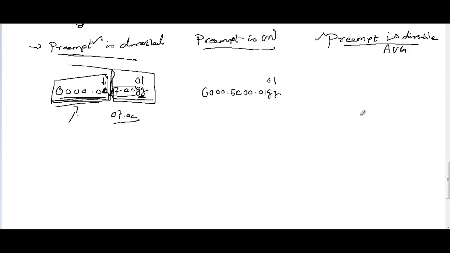In GLBP, it is like this. 0007 always, then B4, and then this number is purely based on the number of forwarders and the group ID.